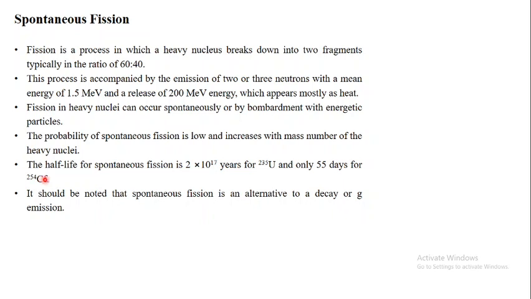Due to this reason, this nucleus spontaneously fissions in a shorter period. So there is no need for the bombardment of a neutron over this material, but within 55 days its concentration is reduced to half due to the heavier nucleus. So this is spontaneous fission.